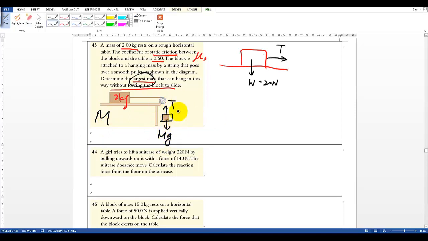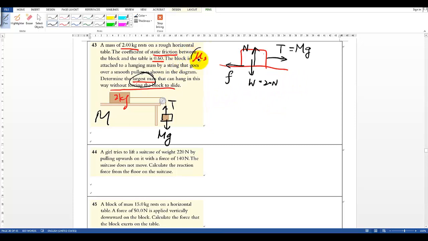So basically that is all for this block, and so this tension will eventually equal to mg if it is not moving, right? So this mg in terms of magnitude should equal to the big Mg, and there is also friction as well, and lastly you have the normal force.